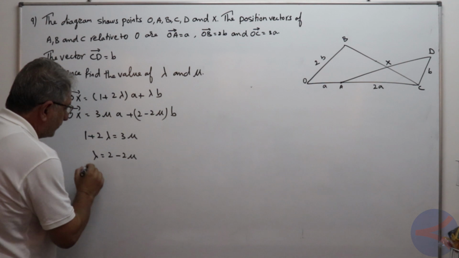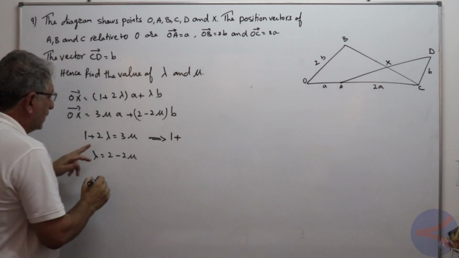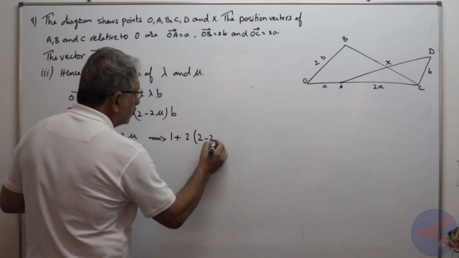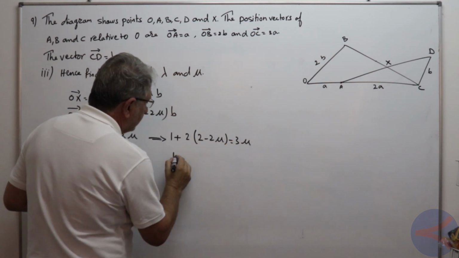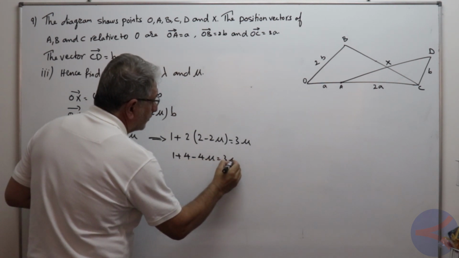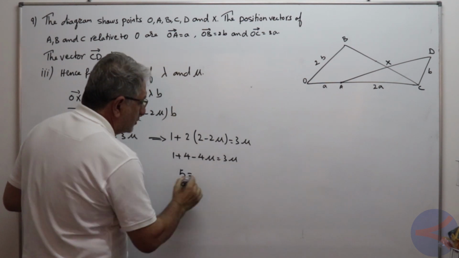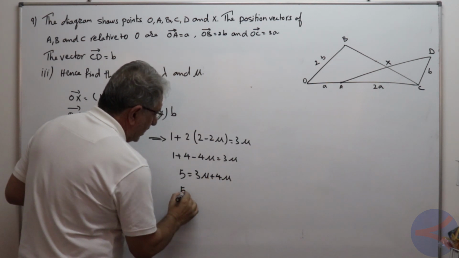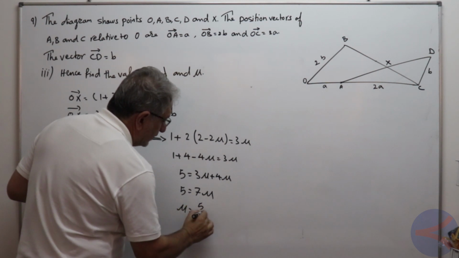Therefore, from this equation, I'm going to get 1 plus 2 times lambda, which is 2 minus 2 mu, which is equal to 3 mu. Now, if you expand this, I'm getting 1 plus 4 minus 4 mu is equal to 3 mu. This goes that side, I'm getting 5 is equal to 3 mu plus 4 mu, which is 7 mu. Therefore, 5 is equal to 7 mu. Therefore, mu will be equal to 5 over 7.